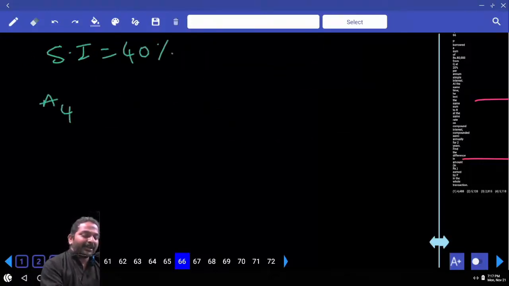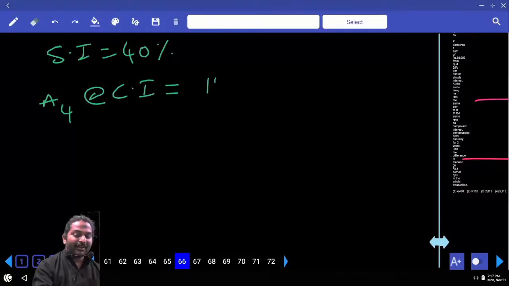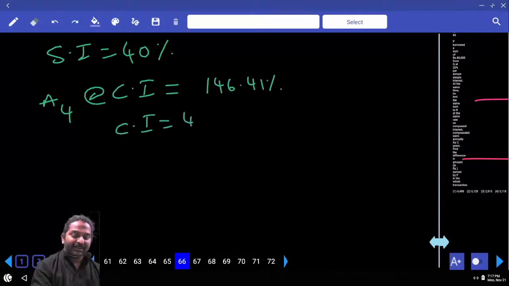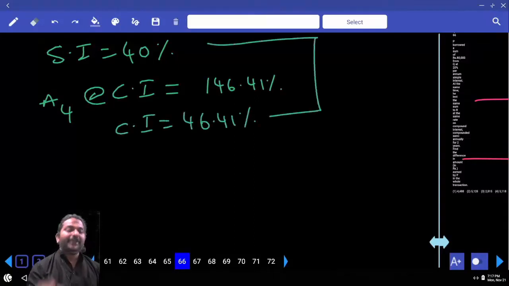The amount after 4 years at the rate of compound interest is 146.41%. From this, compound interest is equal to 46.41. So he is paying 40%, but he got 46.41. How much is his profit? 6.41%, calculated on the principal only.